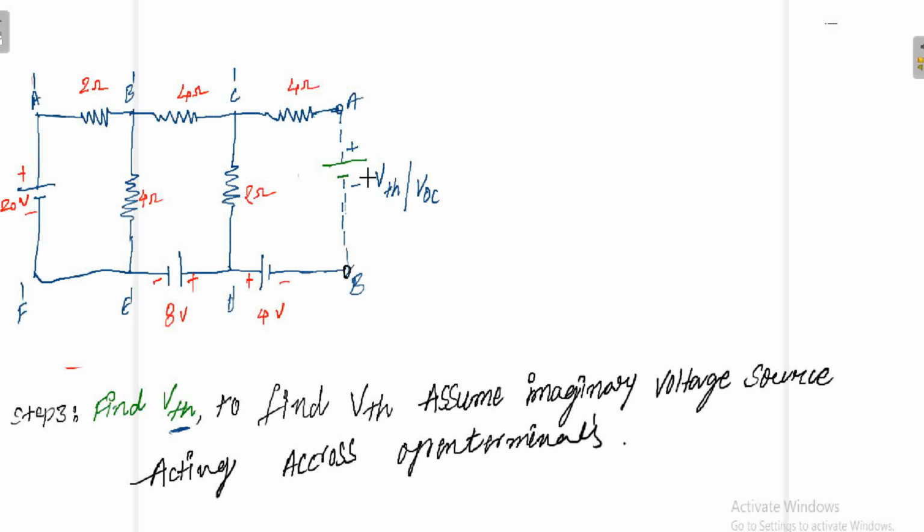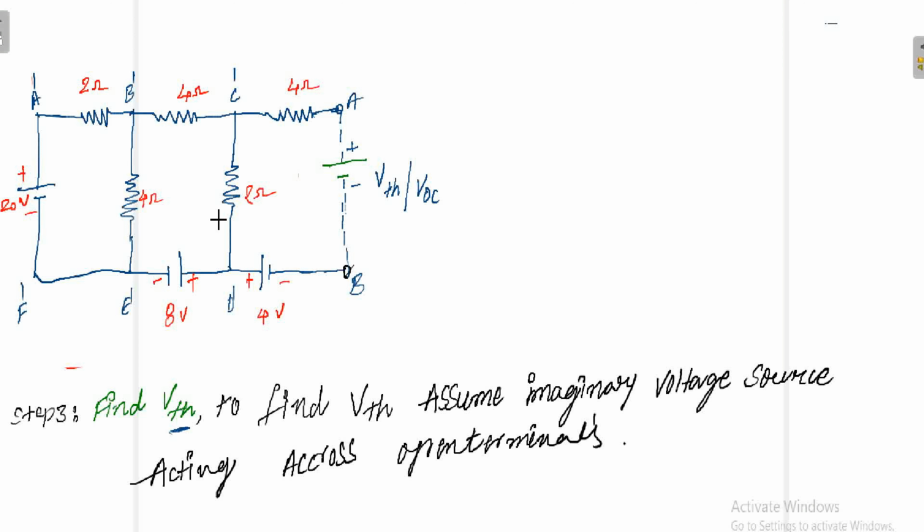We need to apply KVL to the loop which includes this VTH, because we need only this VTH. You can apply it to the outer loop, A dash, B dash, C dash, A, B, D dash, E dash, F dash, A, which includes VTH. Another loop, B dash, C dash, A, B, D dash, E dash, B dash, also includes VTH.